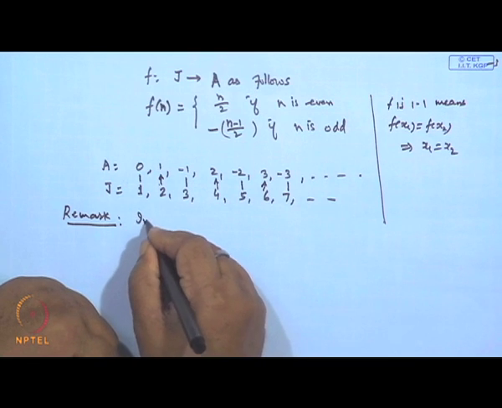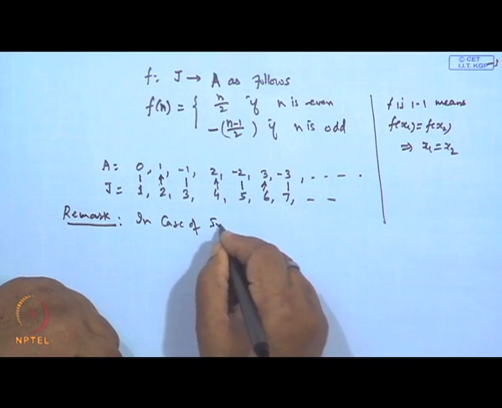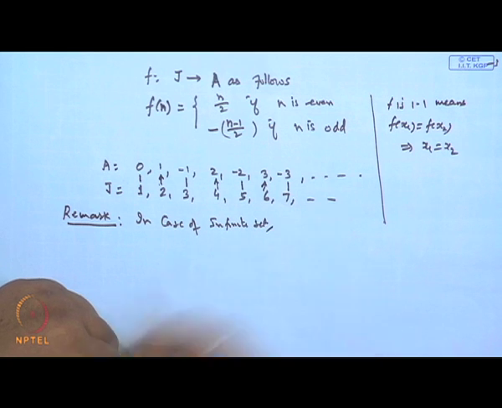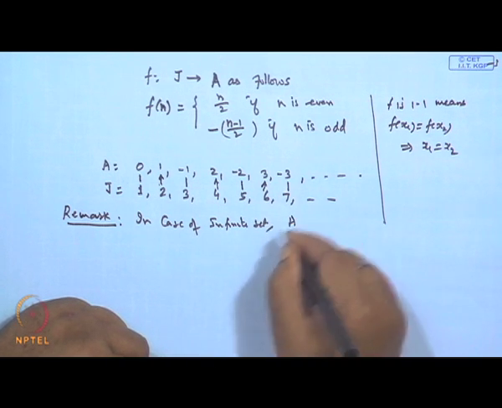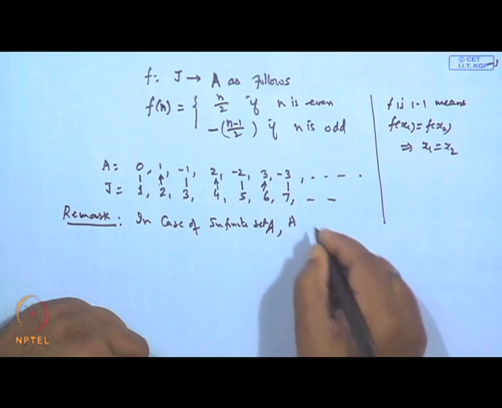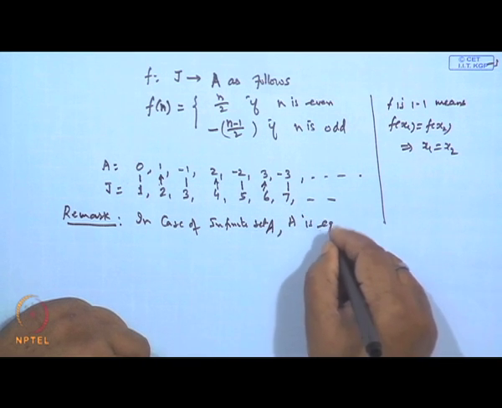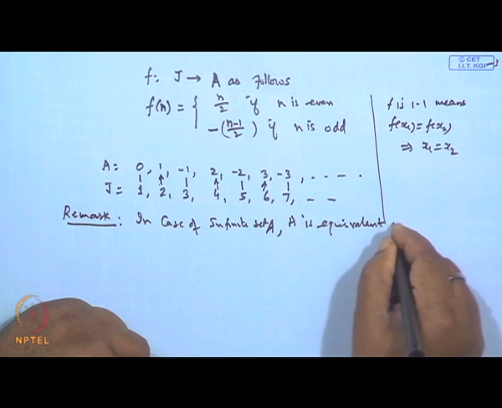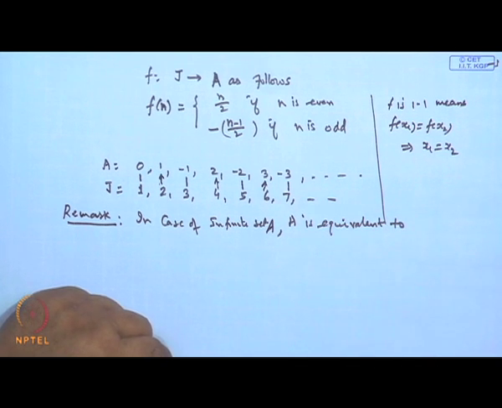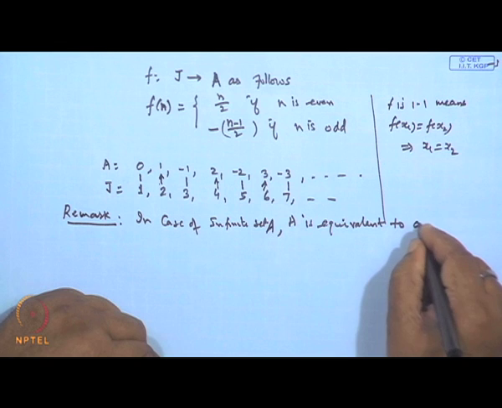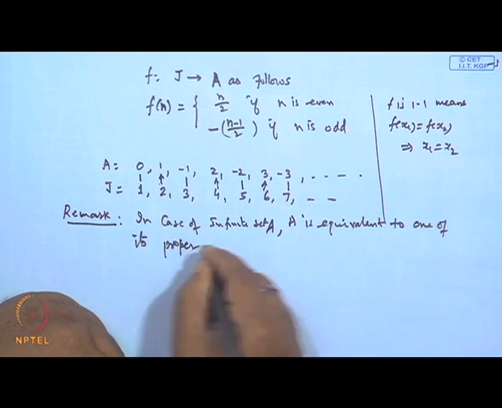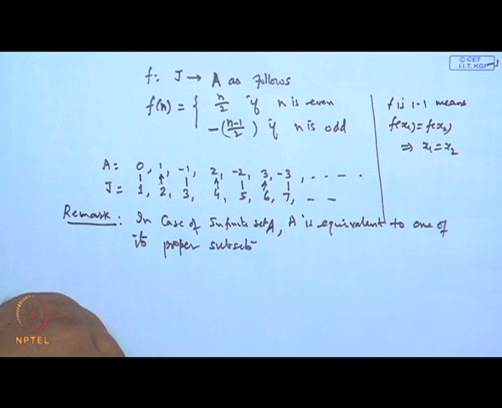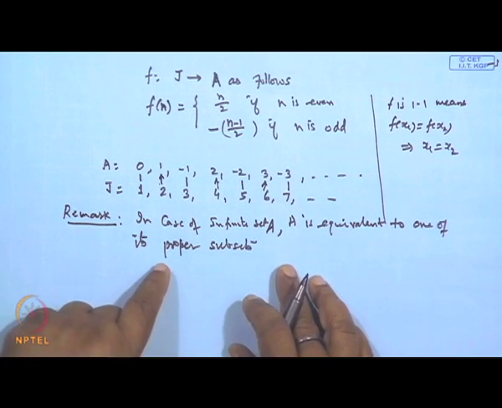So, in case of an infinite set, a proper subset may be equivalent to the set itself, say A is equivalent to one of its proper subsets. And this is also a way to define an infinite set.